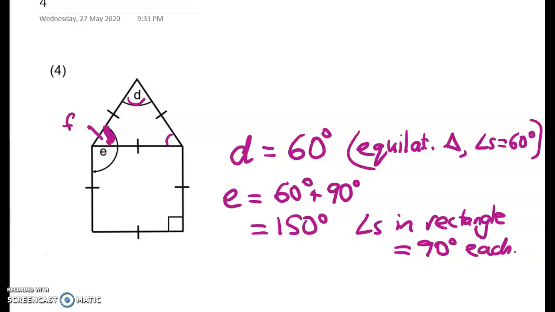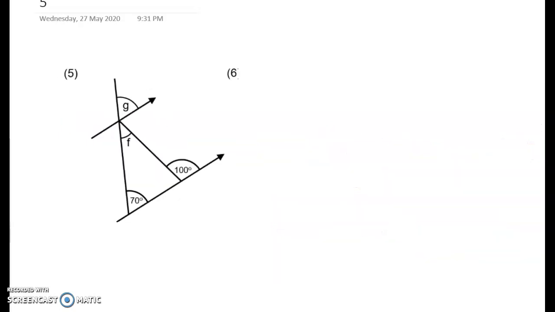Question 5. Okay, we've got some parallel lines here. The easiest way to get F is to use the rule about the exterior angle in a triangle. So first of all, what I'm going to do is forget about the parallel lines. Just look at this triangle here.